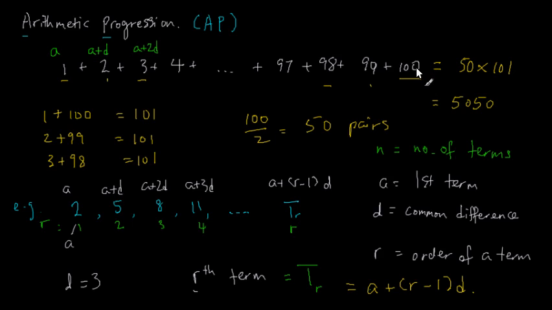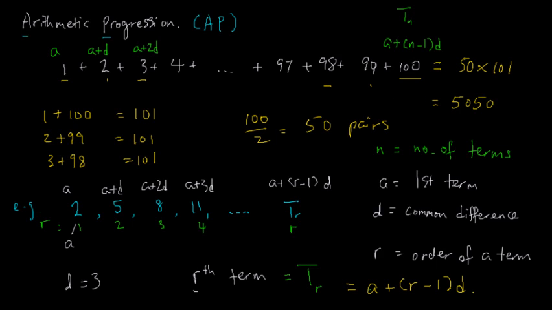So that would be my Tn. And using this formula for the r-th term, I can just replace the r by n to get the nth term. So that would be A plus (n minus 1) D. Okay, so that would be the formula for the last term.